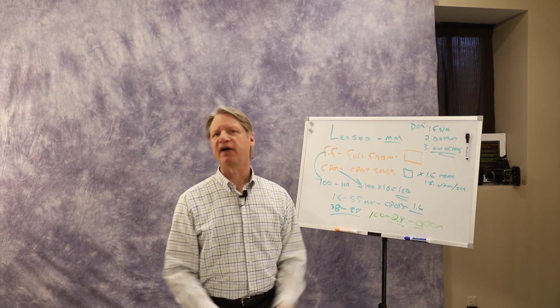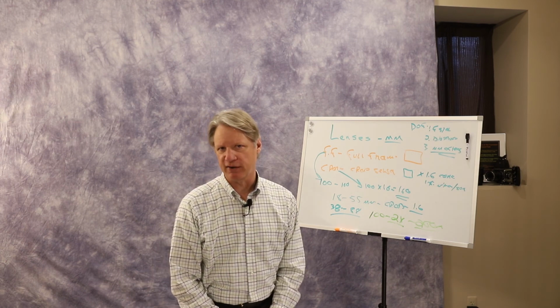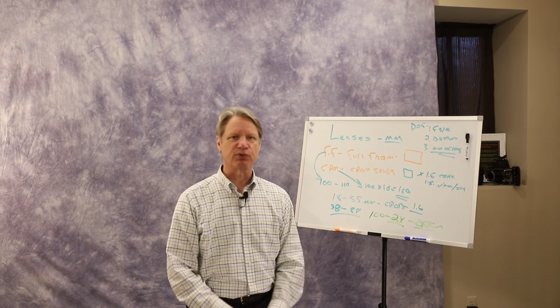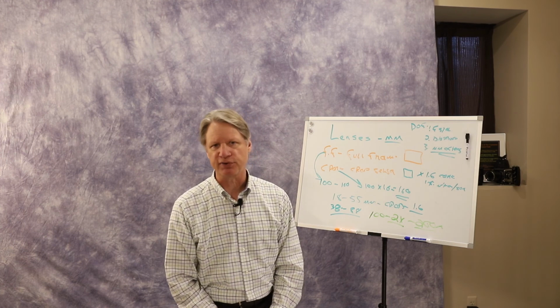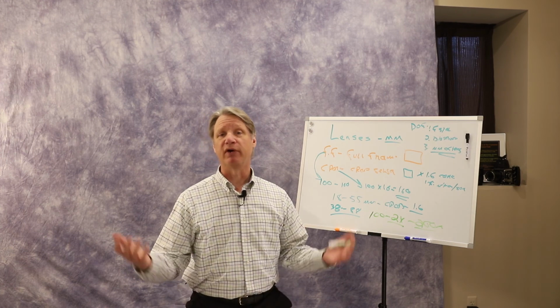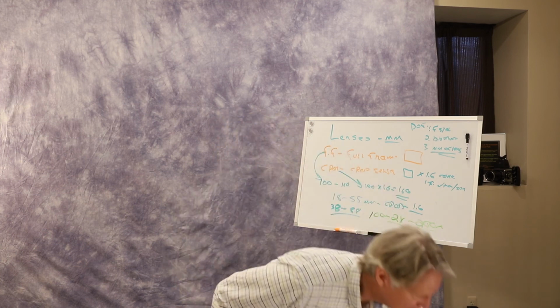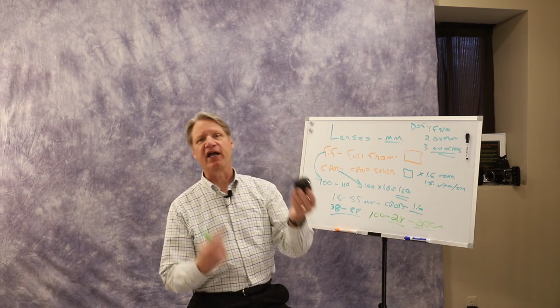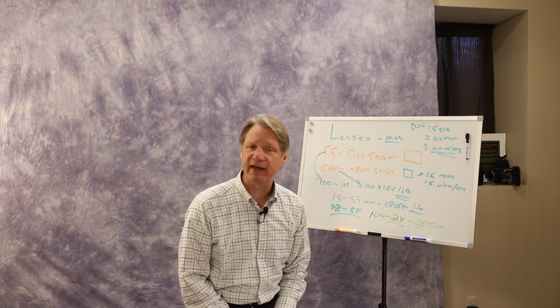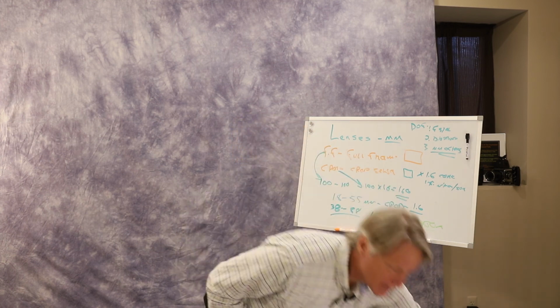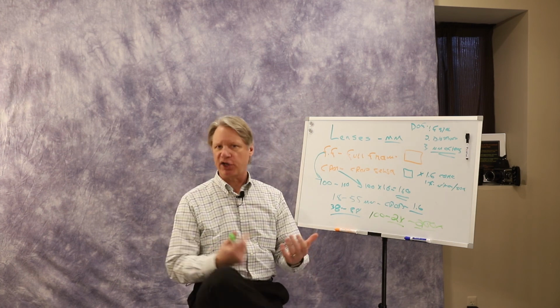I carried a 2 times multiplier with me for 30 years. They're incredibly handy to have, and they will get you out of a situation or allow you to take a certain picture that you want, even if you don't have the lens with you, okay? I carried this 35 millimeter lens with me. I carried a straight 200 millimeter lens and a 2 times converter when I was going out on a job, and I had very little that I could carry with me.